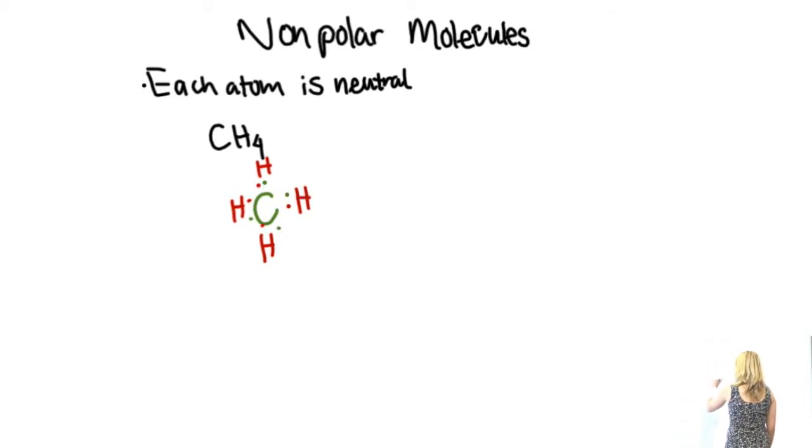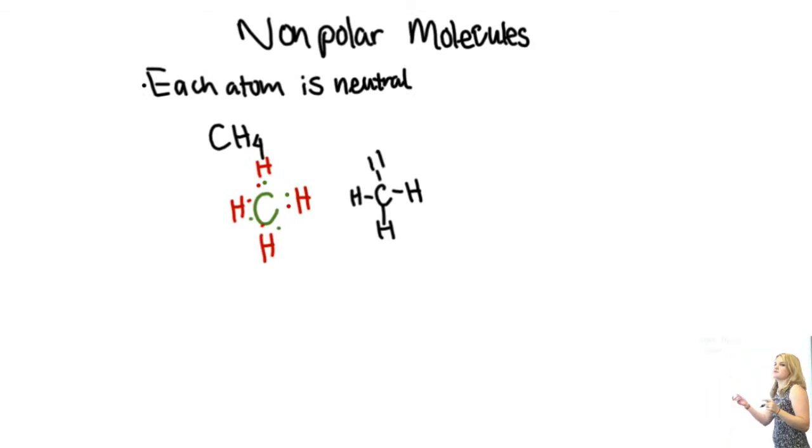Overall, every octet is filled. There are no unbonded pair of electrons, so there's no formal charge or unequal sharing of electrons. There's not electrons just around one atom specifically, so it becomes non-polar.